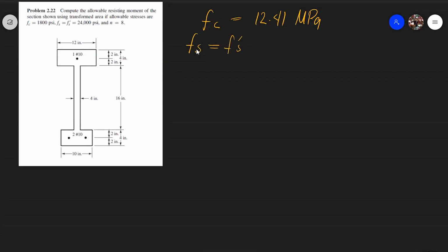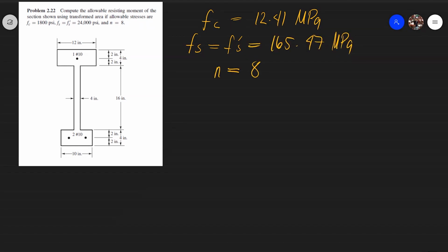What's the difference between Fs and Fs prime? Fs is the steel reinforcement in tension, and Fs prime, with the prime, is the reinforcement in compression. So, it is double reinforced. According to this problem, that is equal to 24,000 psi.